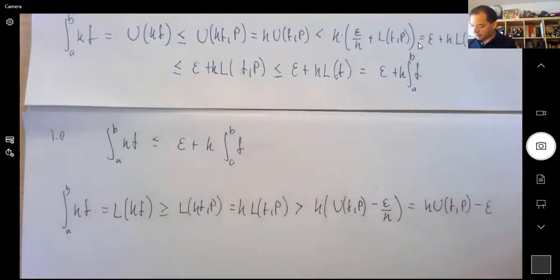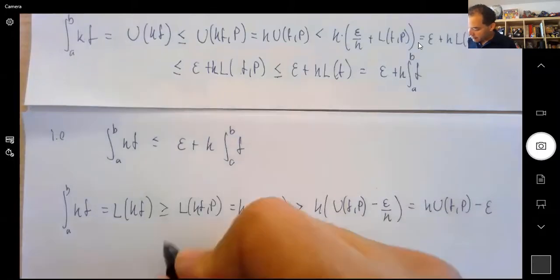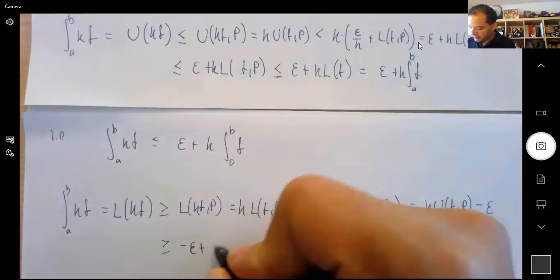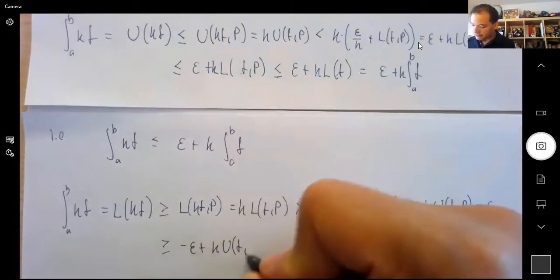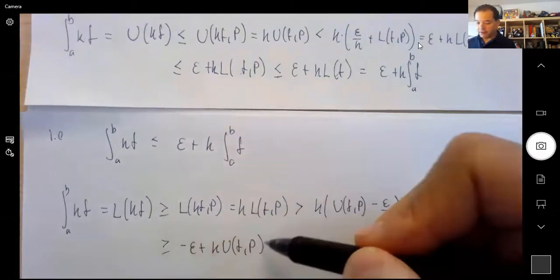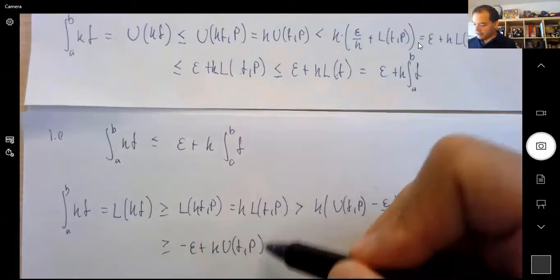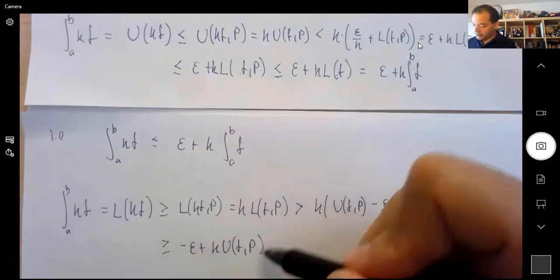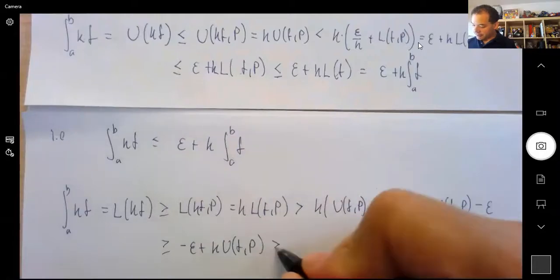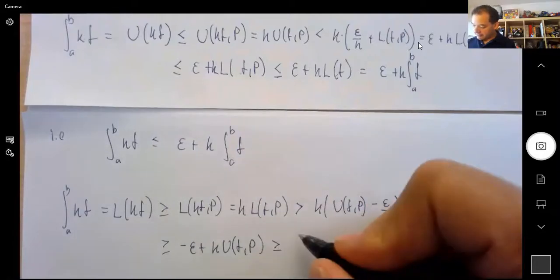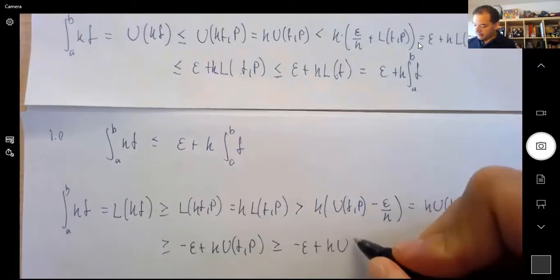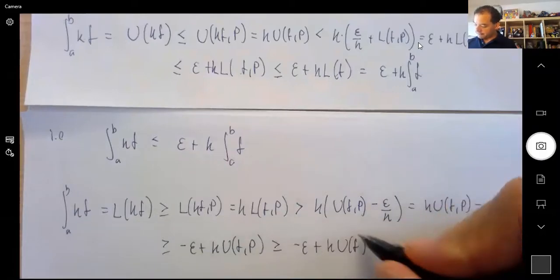All right, so this is minus epsilon plus Ku, but it looks exactly like the one we did before. Now, this one is by definition an infimum, so it's greater than or equal to the U of f, and this is the value of the integral.